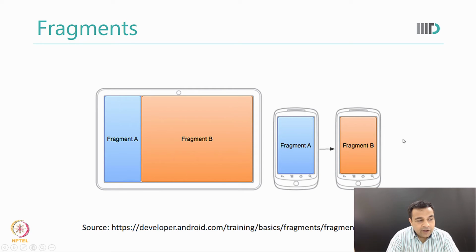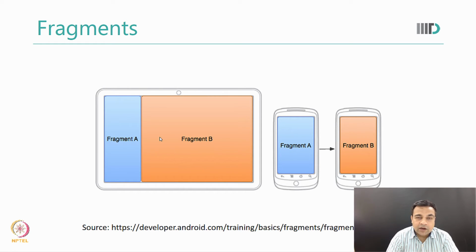Now, when I am developing for the mobile, at that time my activity will only invoke one fragment and then another fragment. But when I am on a tablet, my activity will have two fragments at any given time.